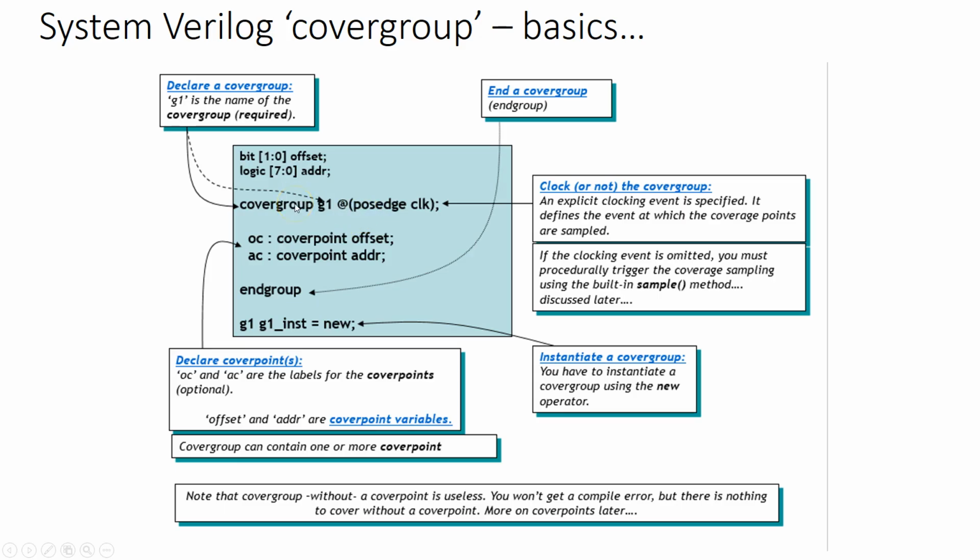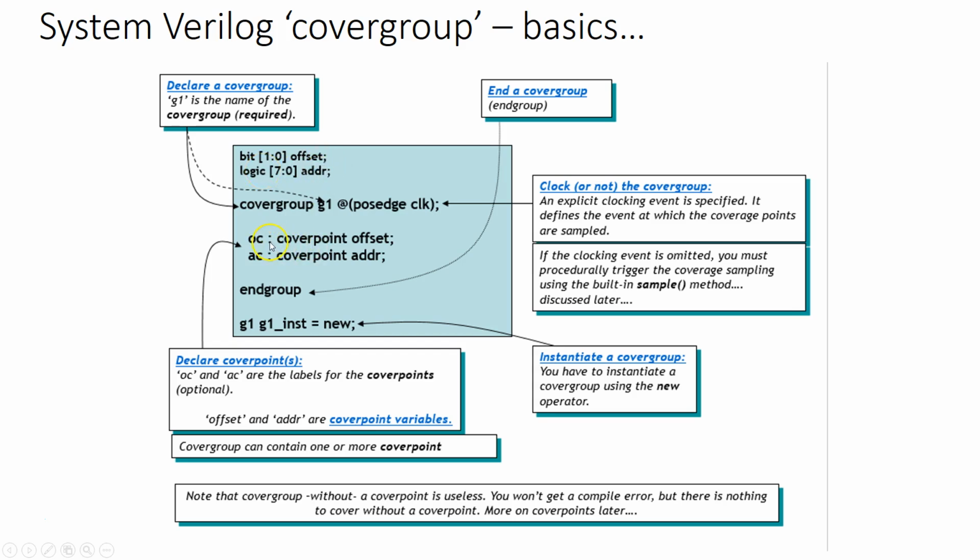Now inside this covergroup, you have to provide cover points for the variables of your design. And here I'm saying coverpoint offset. Offset is a 2-bit variable. I'm also saying, using the keyword coverpoint, address, which is also a variable, 8-bit wide.